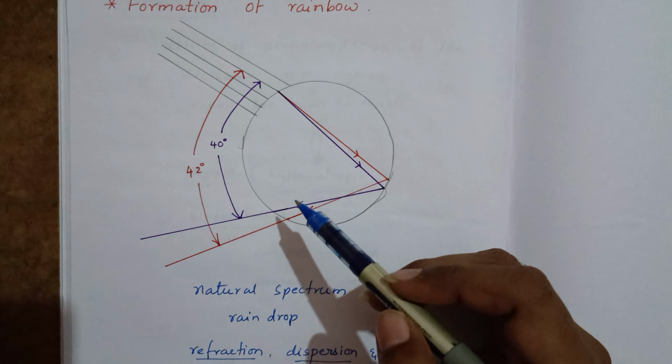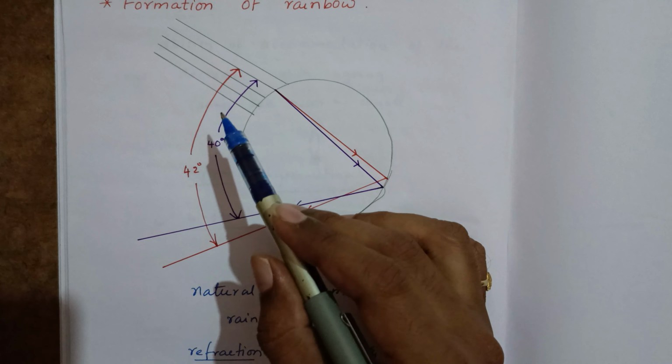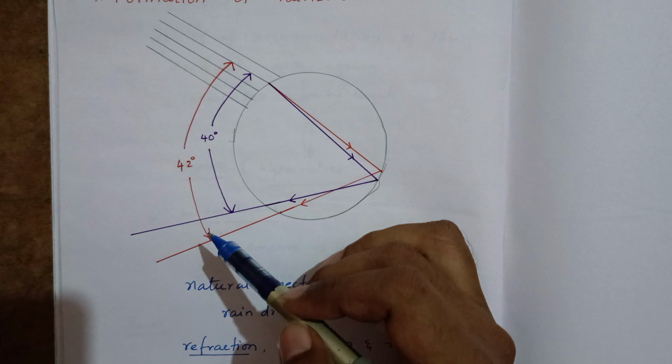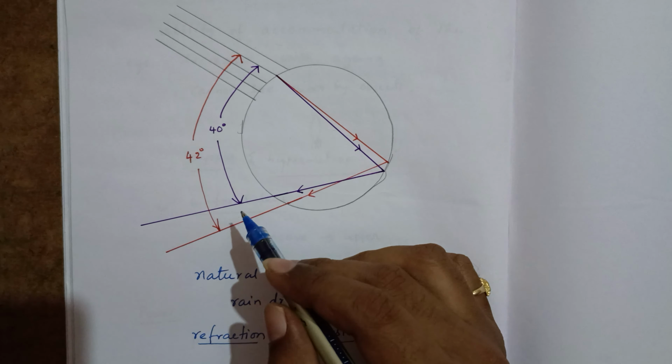But we can see a bright rainbow at the maximum angle of 42 degrees.